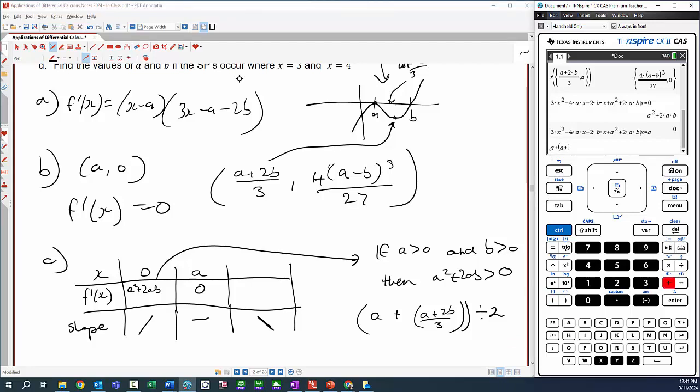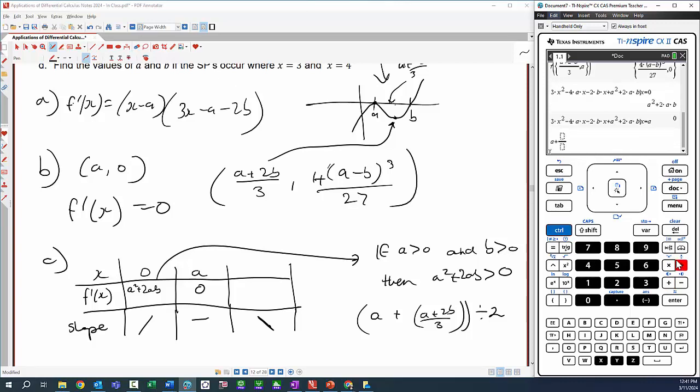A plus 2b. I'll use some fraction signs. A plus 2b over 3. So that's that.